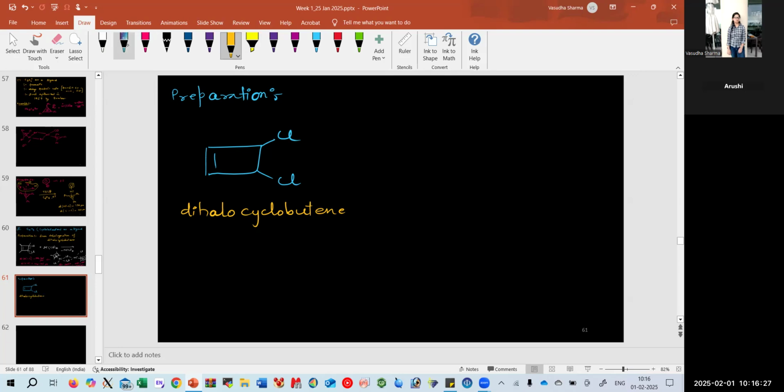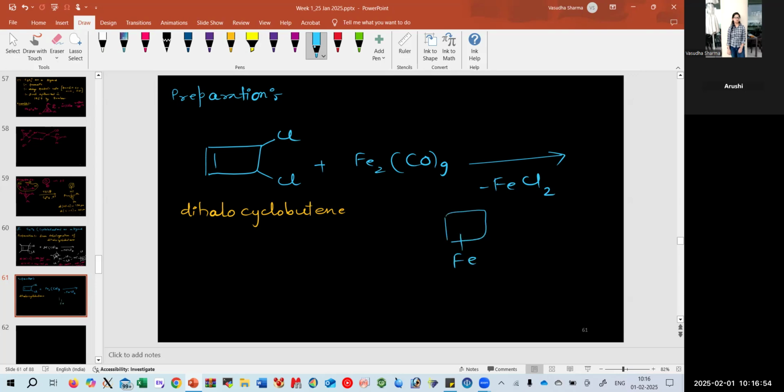Now when it is treated with Fe2CO9, a dimeric structure where two Fe's and 9 carbonyl groups are there, we know that in this kind of reaction the Cls will go out, there will be formation of one double bond and the loss of FeCl2. The other Fe will make a bond with the cyclobutadiene, and for completing the valency we will have 3 COs.